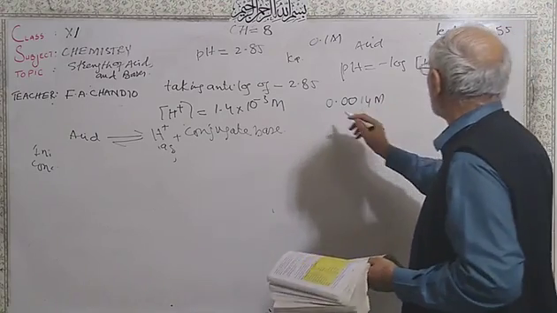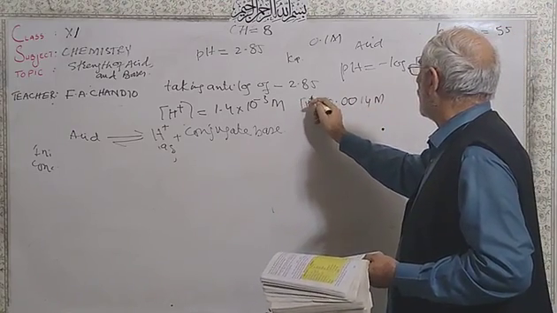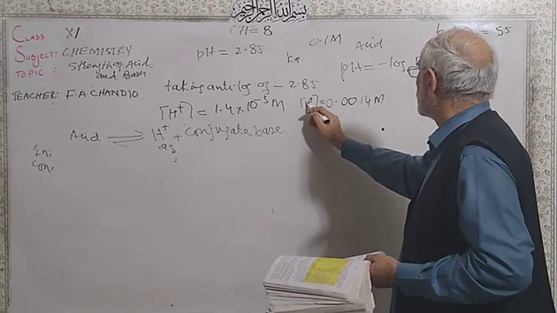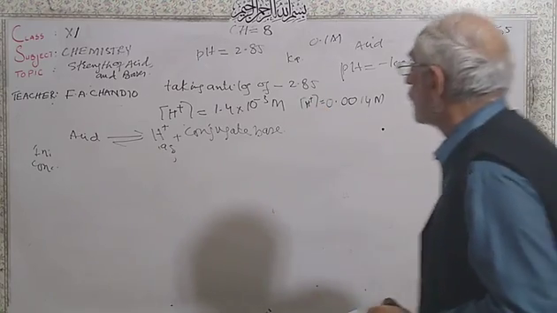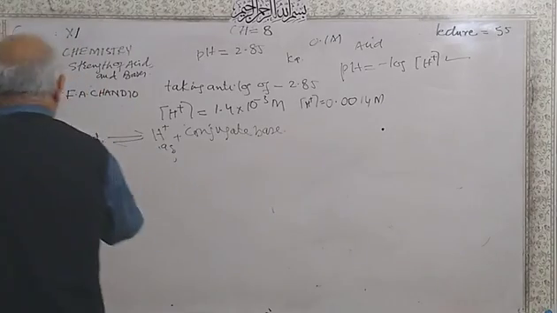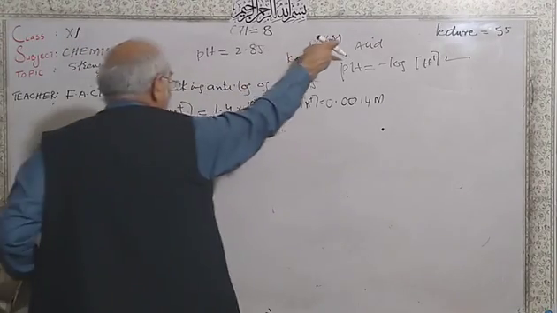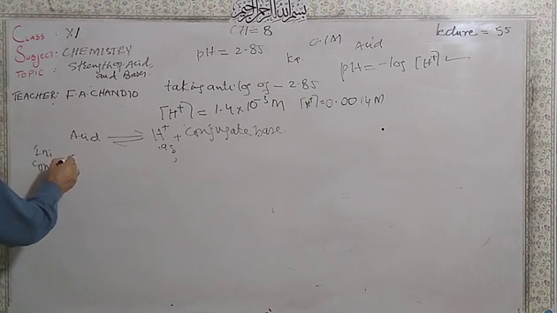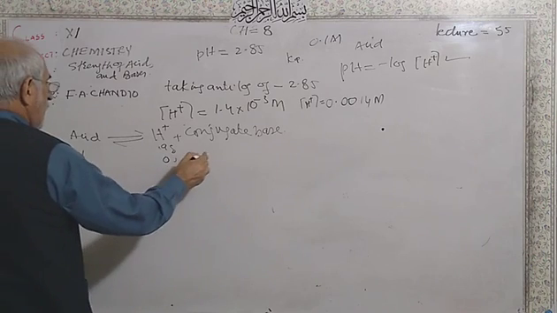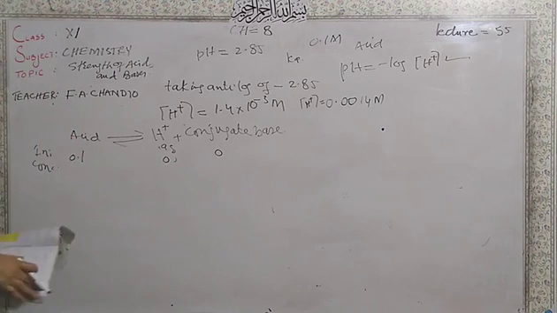This is the hydrogen ion concentration. The initial concentration of the acid is 0.1, and for the hydrogen ions and conjugate base the initial concentration is 0.